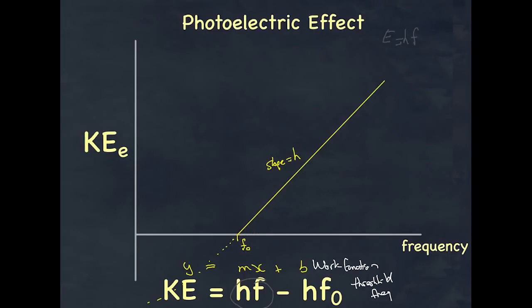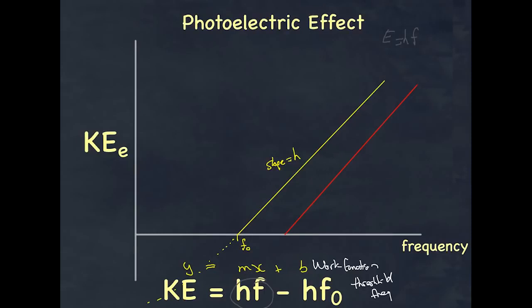So, for example, if I have a material with a stronger work function, like platinum, then its work function may be somewhere over here, or its frequency somewhere over here. But the most important fact is that the graph will be identical in that the slope will be the same. It's still the same value. It's just that the intercept has changed.